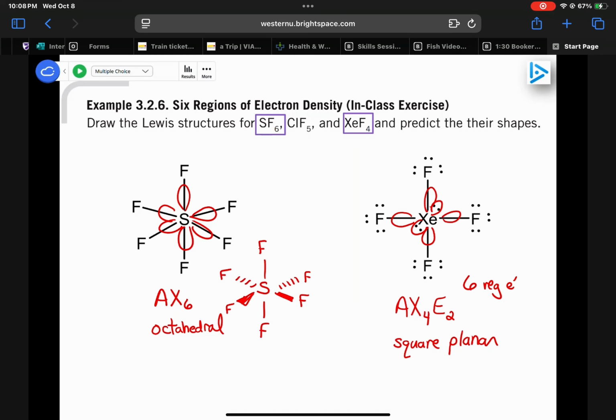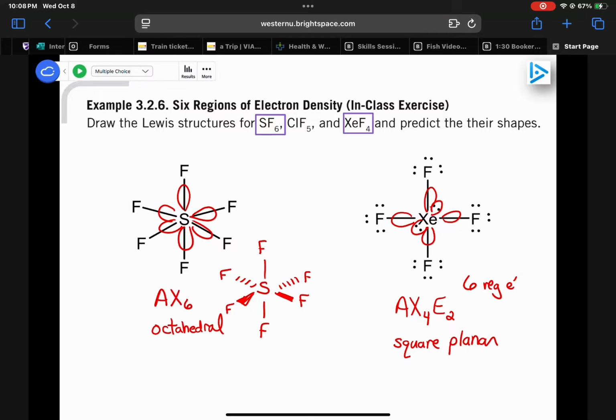So practice holding the shape and drawing it on your paper. It's also handy to be able to rotate it and draw it a different way using the wedges and the dashes. For the square planar, we could draw it just as we see on the screen.